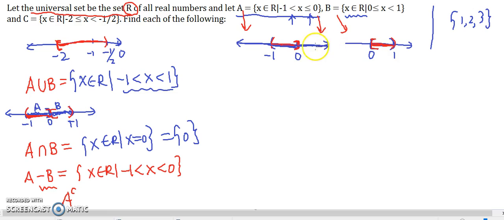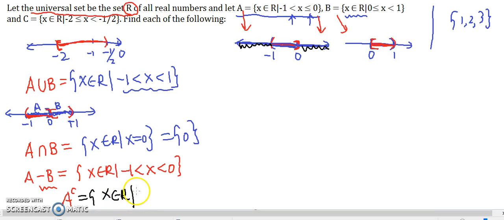The complement will be not in A, so that will give us these numbers and these numbers. They're not in A. So when we describe it, we have to do two parts.